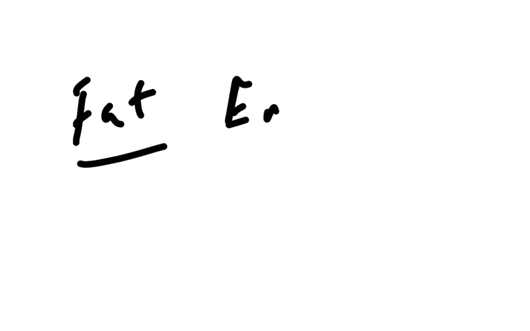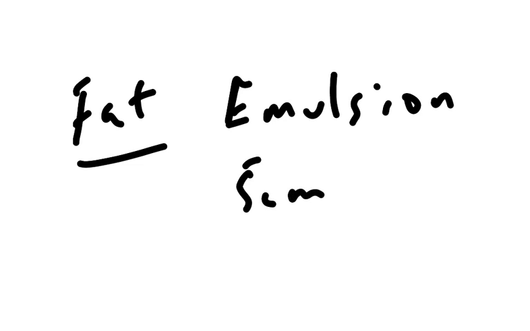Okay, the test for a fat is the emulsion test. In the emulsion test, you take the fat and shake it with, say, 5 centimetres cubed of alcohol for 1 minute.